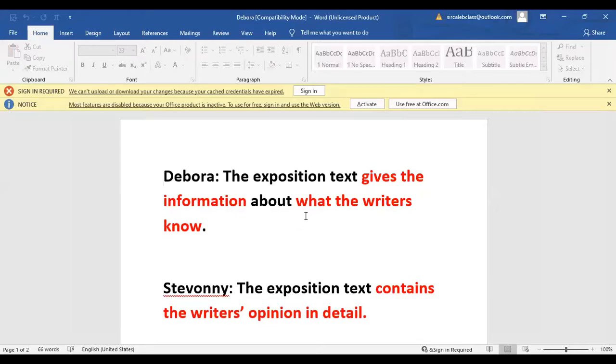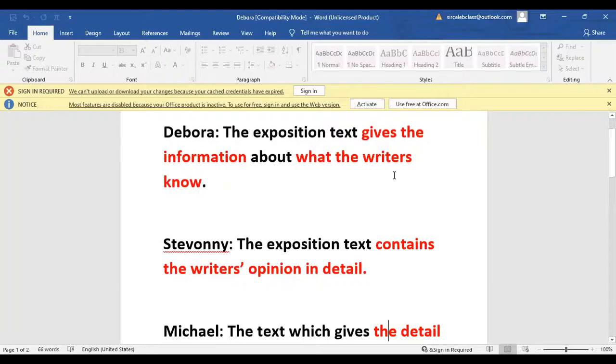And most of you have your own comprehension, your own explanation, or the background knowledge about this topic, and these are your answers. I asked your opinion about the exposition text, about the definition. Deborah said that the exposition text gives information about what the writers know.